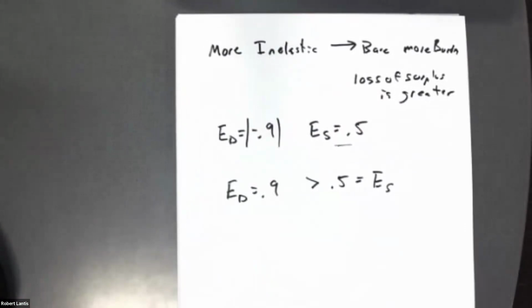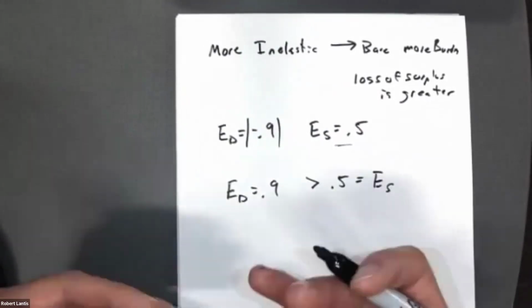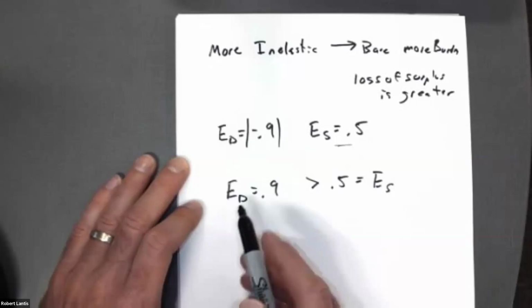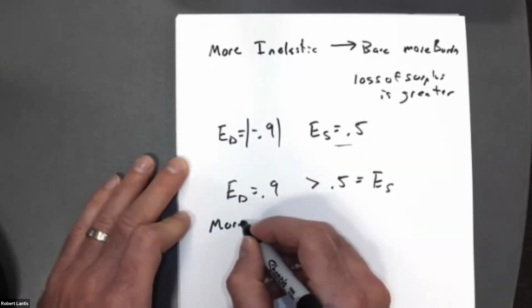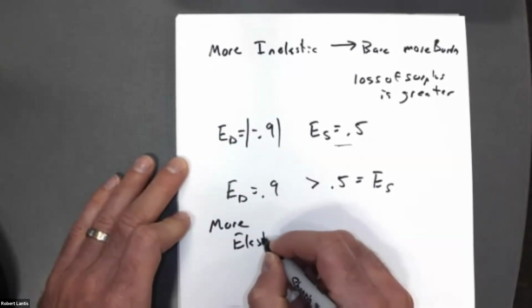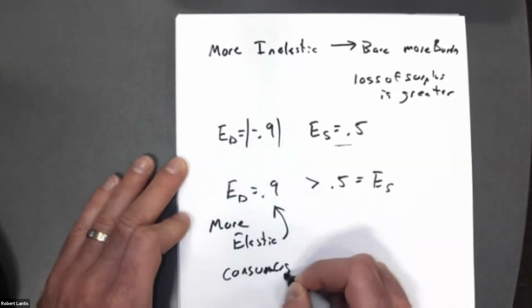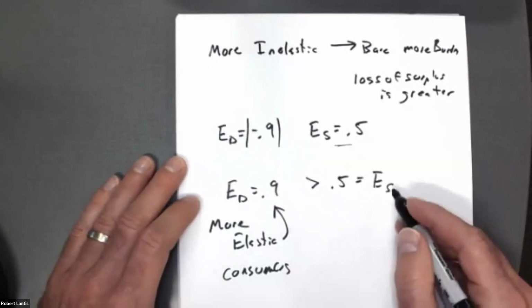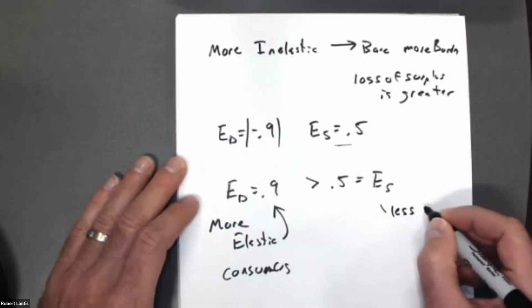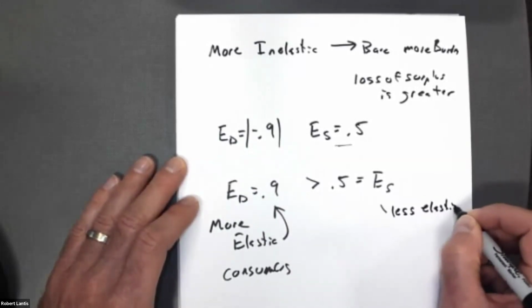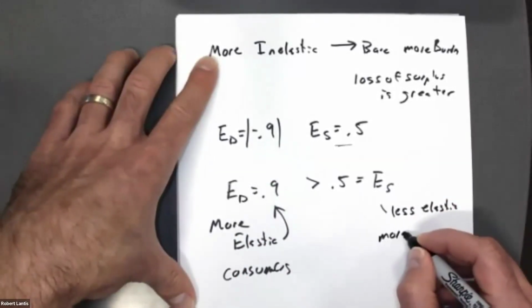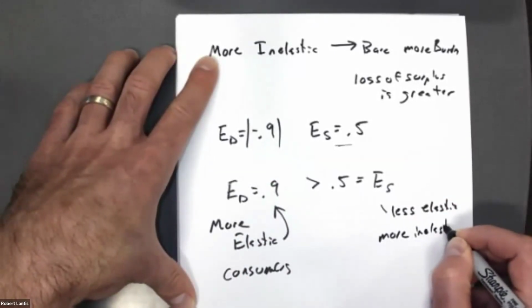So the higher the elasticity, that tells us people are being more elastic, they're more responsive. So who is more responsive or who is more elastic here? That would be our demand or consumers. Who is less responsive, or we would say if you're less elastic, you're more inelastic?